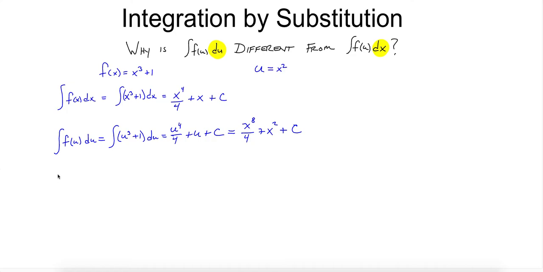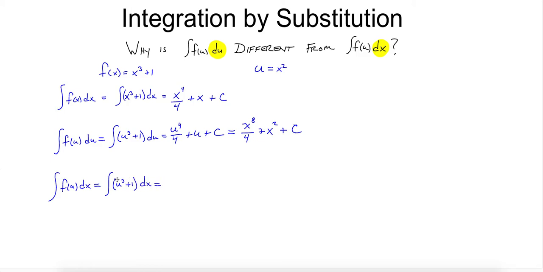All right. If we do a third example, where we take the integral of f of u, but this time we want to take it with respect to x. Well, that means that we're taking the antiderivative still of u cubed plus 1, but again, it's the antiderivative with respect to x.